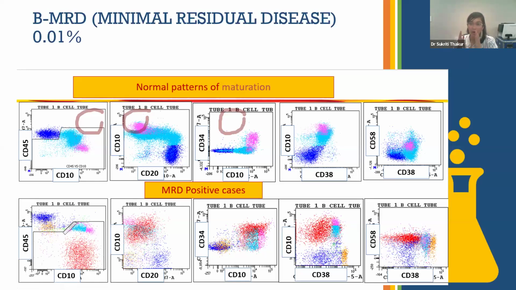And we tend to compare this phenotype, which is coming currently, with the diagnostic phenotype, because sometimes there is immunomodulation. The disease which was previously CD34 negative can become CD34 positive, or vice versa.